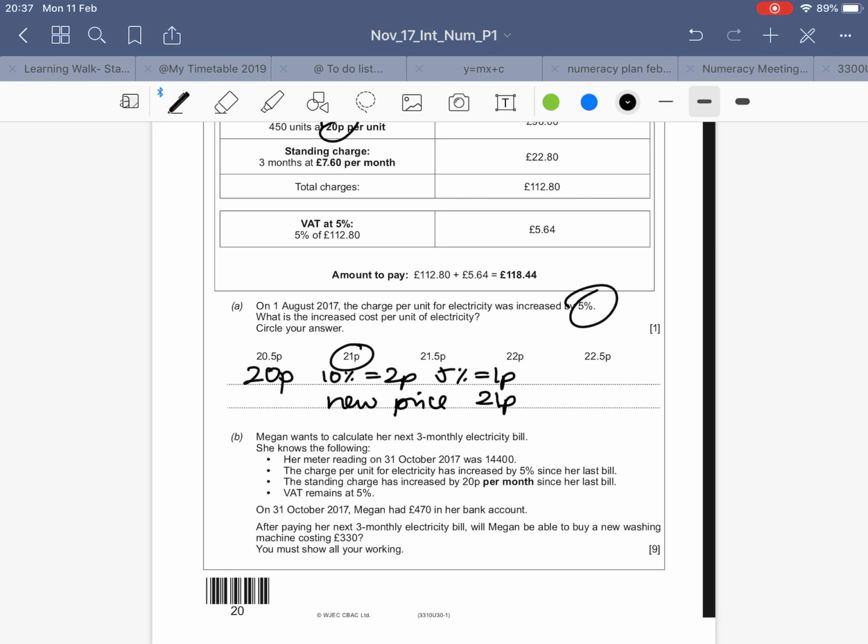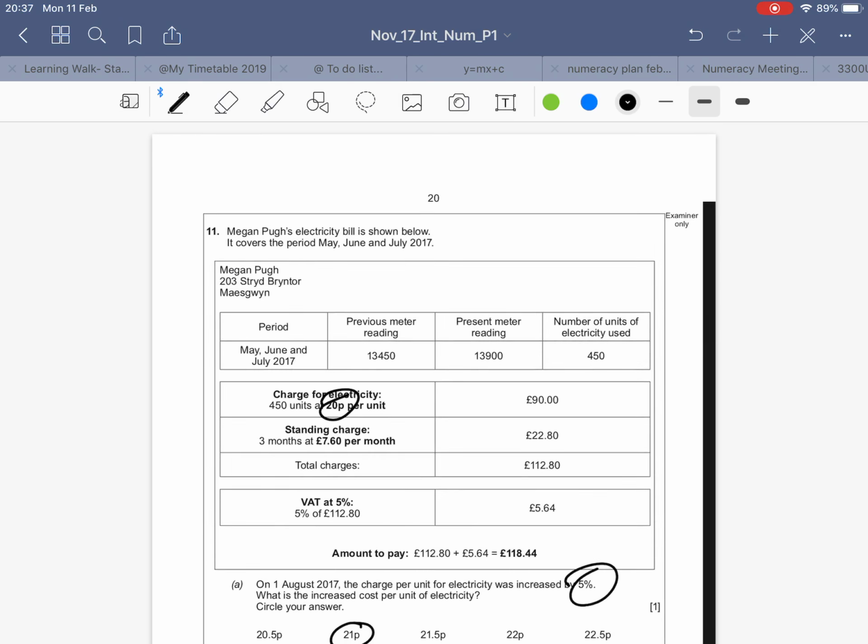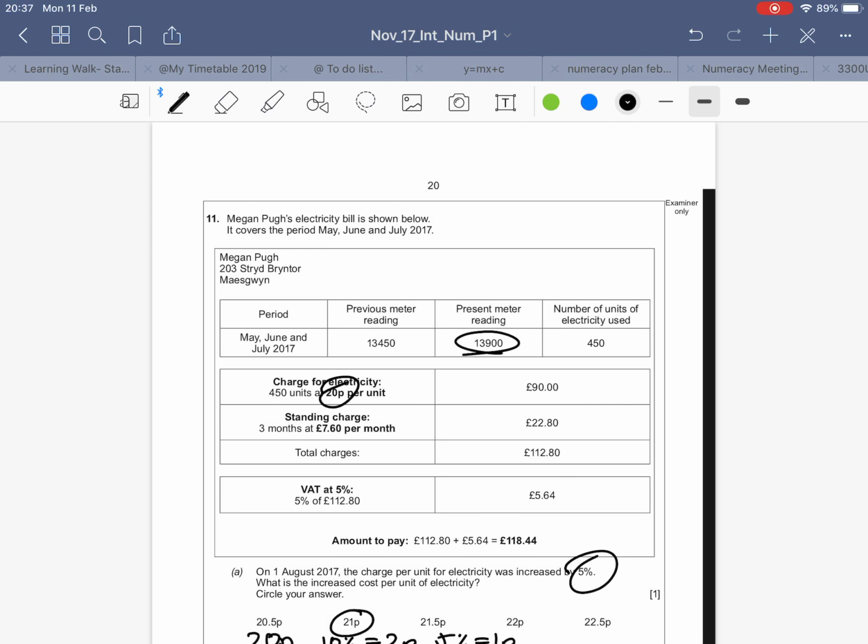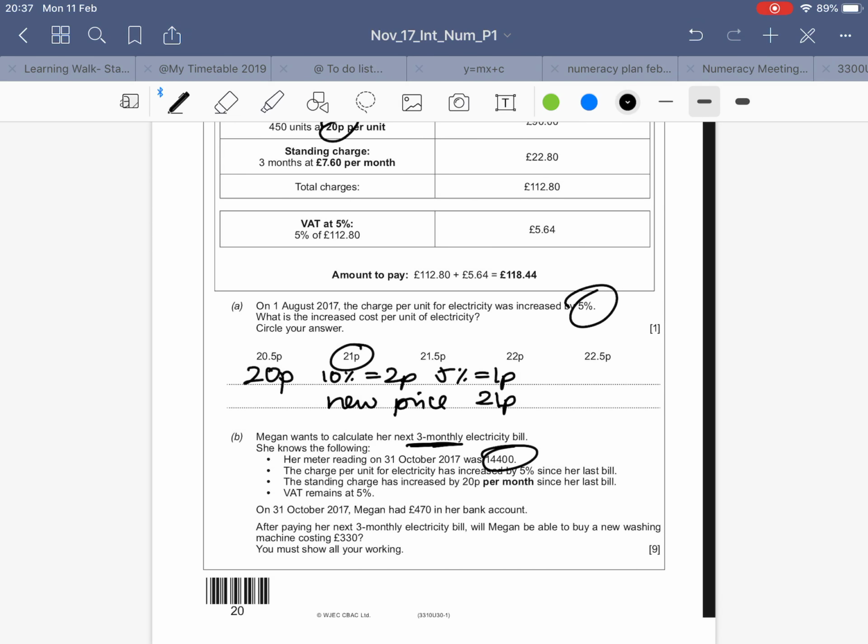Part B tells us a lot more information. Megan wants to work out the next 3 monthly bill. Her meter reading was 14,400 compared to 13,900. So she's used 500 units of electricity.